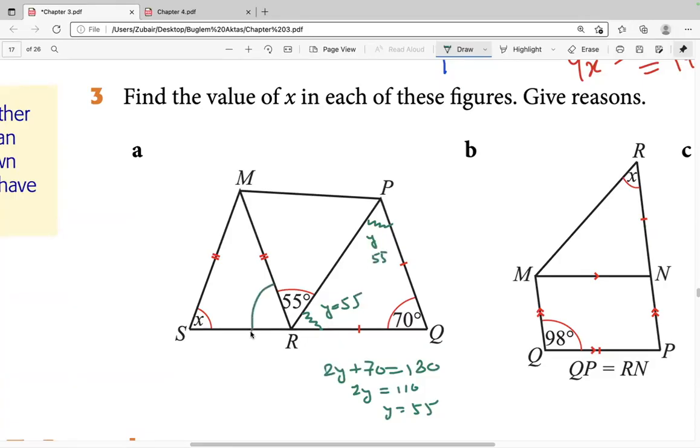We can directly find this, which is X. 70. X is 70.